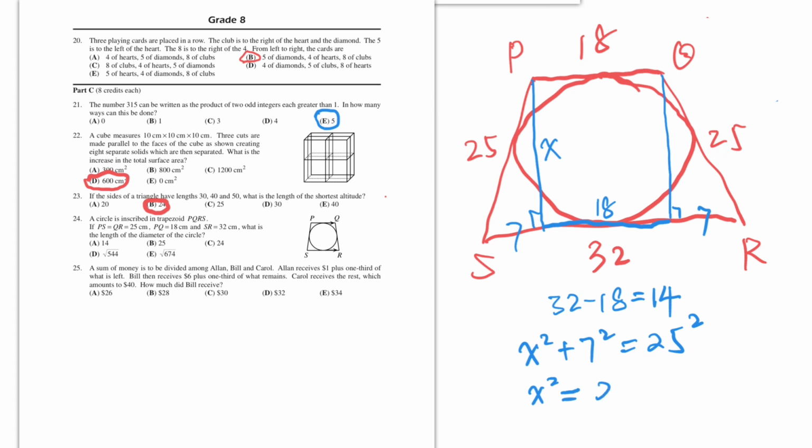X squared equals 25 squared minus 7 squared equals 576. Take the square root of both sides. So x equals the square root of 576. That's the 24. So the answer is C.